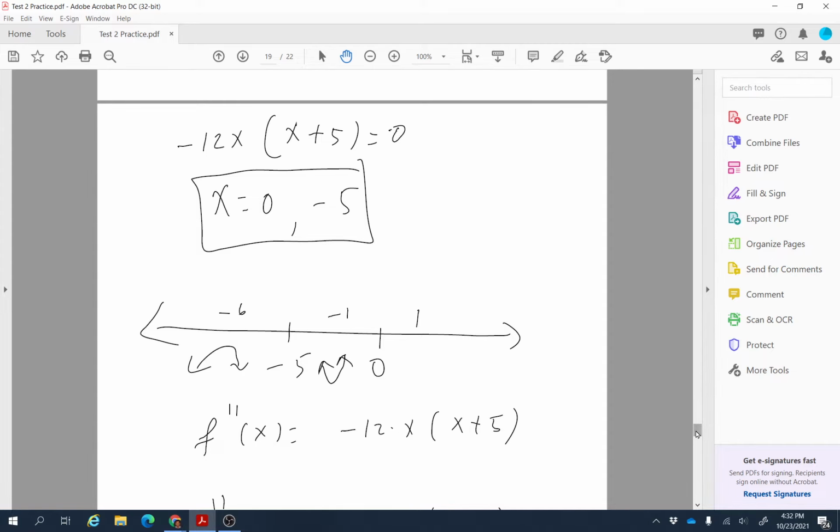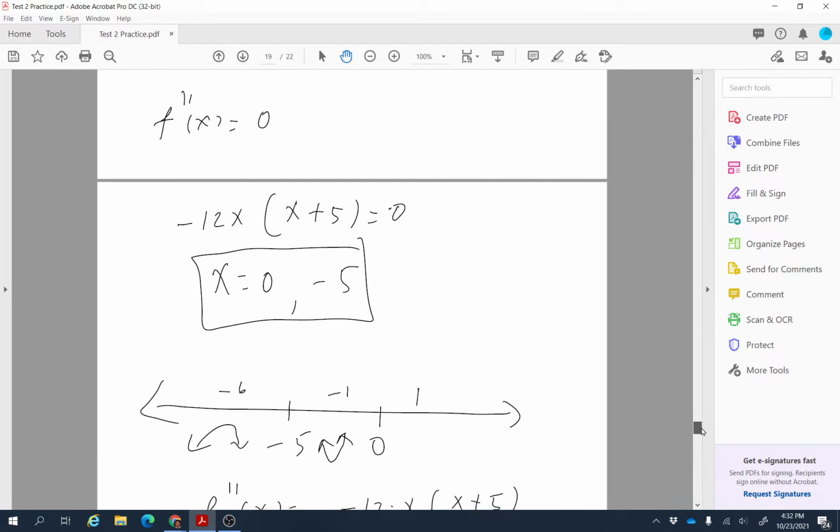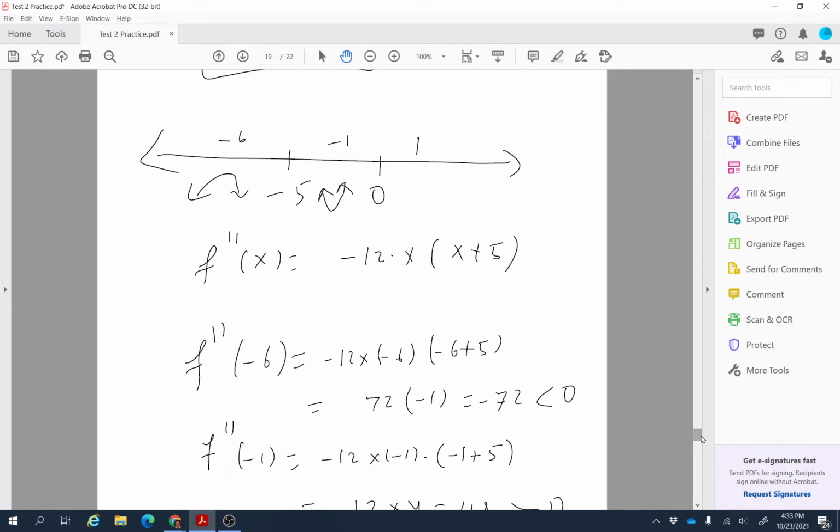And by doing the same thing, if you plug x equal to 1 into the second derivative, you will find -12 times 1 plus 5, which is 6 times 12, which is -72. Again, it's concave down. So we found the concavity of this curve by using the second derivative test.